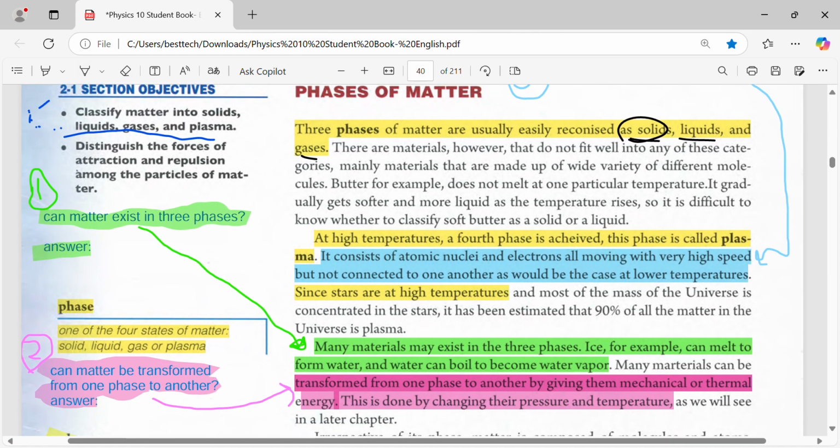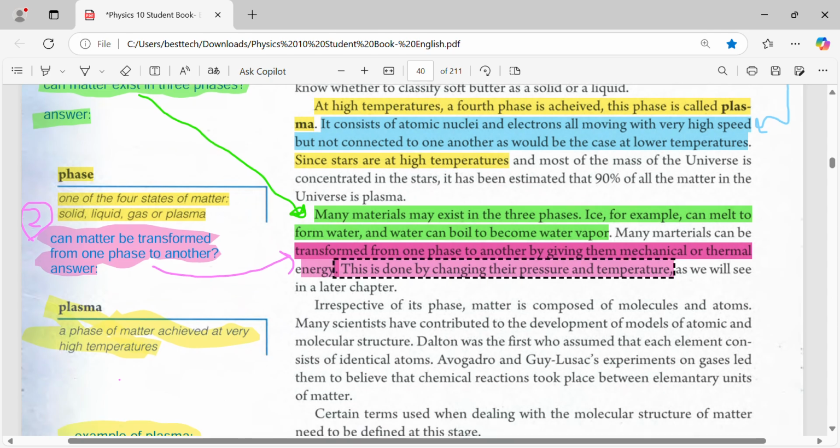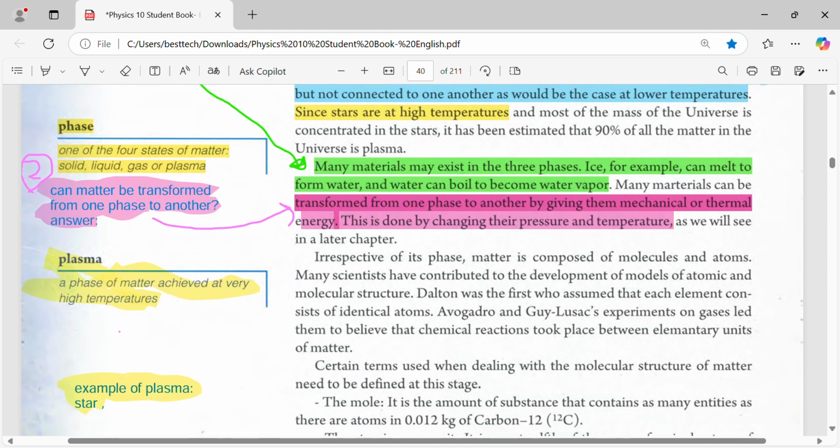Guys, we have a last phase of matter. It's called plasma. Plasma is a phase of matter achieved at a very high temperature. So plasma always happens at very high temperature. For example, fire or stars. In the book, it's written star, because star structure happens only at very high temperature. Or the universe: most of the mass of the universe is concentrated in the stars.